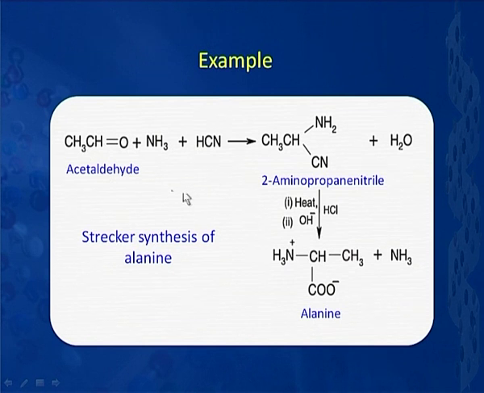This CH3 will come out as my side chain here. So, I will be getting alanine as my product. The reaction sequence is the same, that is I take acetaldehyde as my starting material, treat it with ammonia and HCN, I get the nitrile, and then I do the hydrolysis part of it. The reaction sequence is very simple, and this method is used very often to generate alpha amino acids.